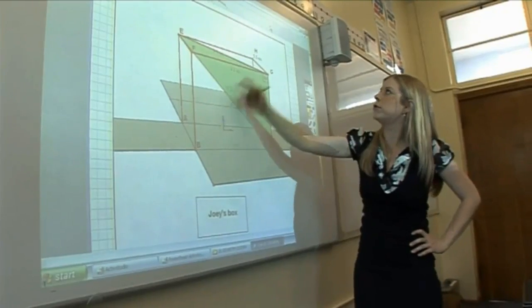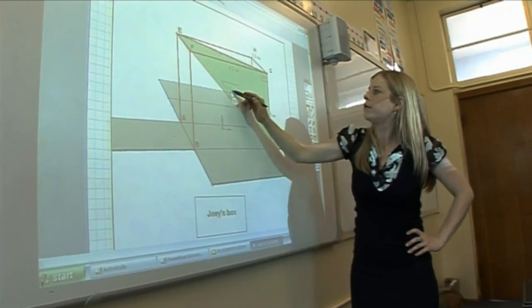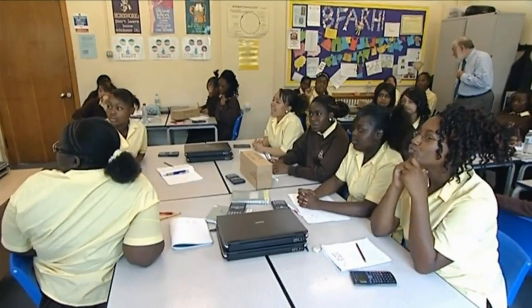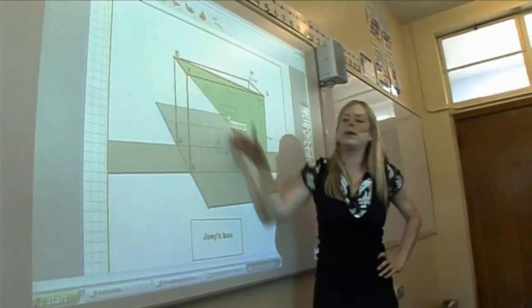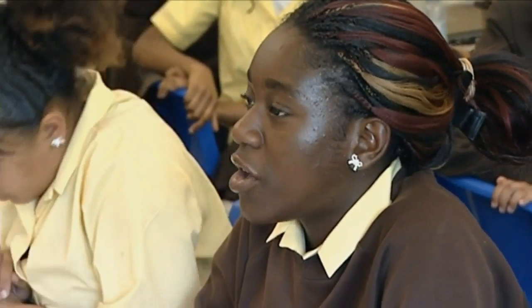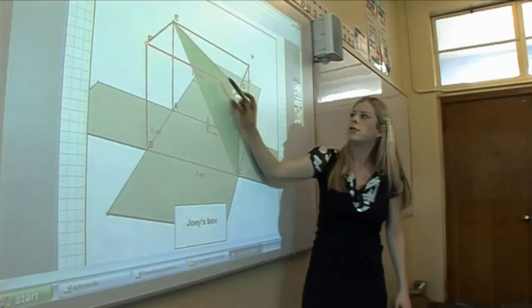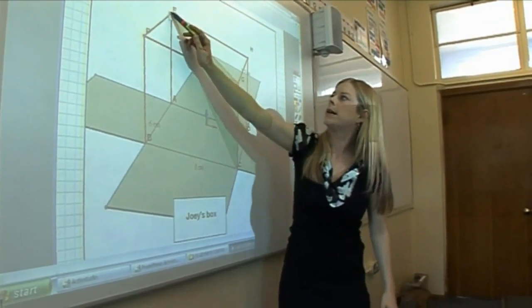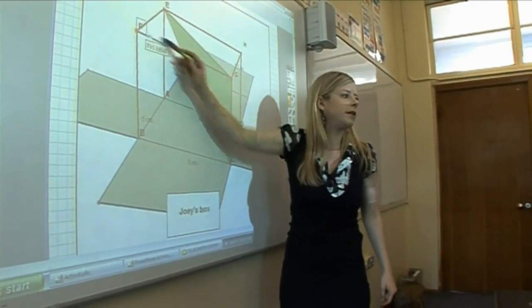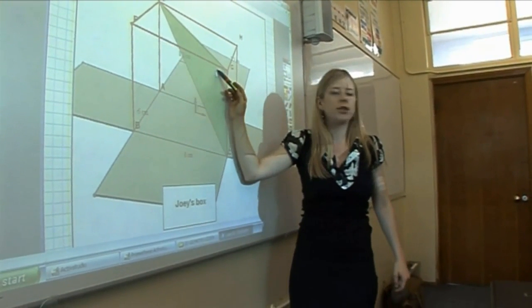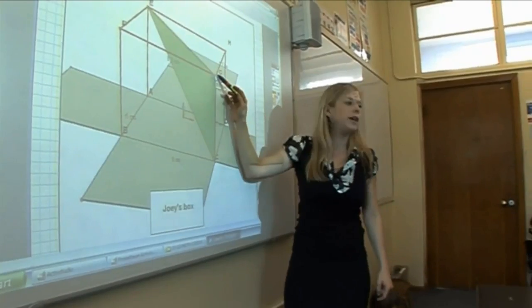So if we don't know this length here, how can we work out what it is? Elise? To find the length, you could use Pythagoras' theorem. So we know that, for example, this side is 5.5 and this side is 8.2, so we can work out what EG is.